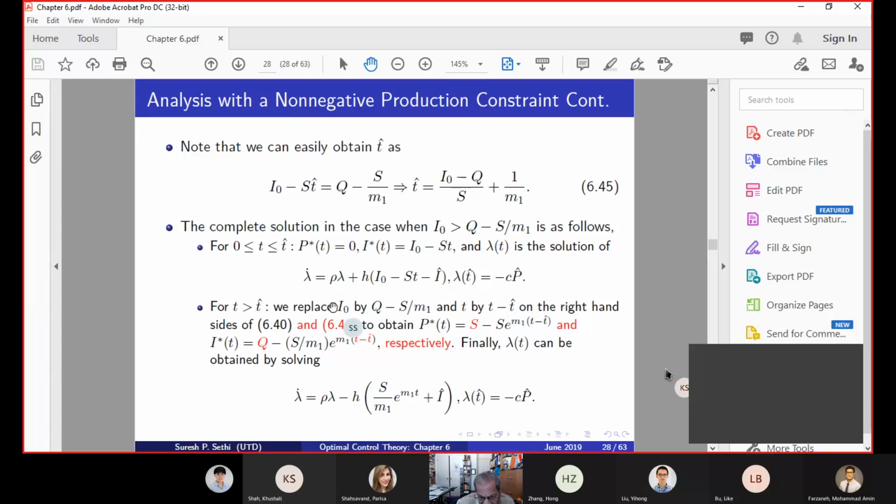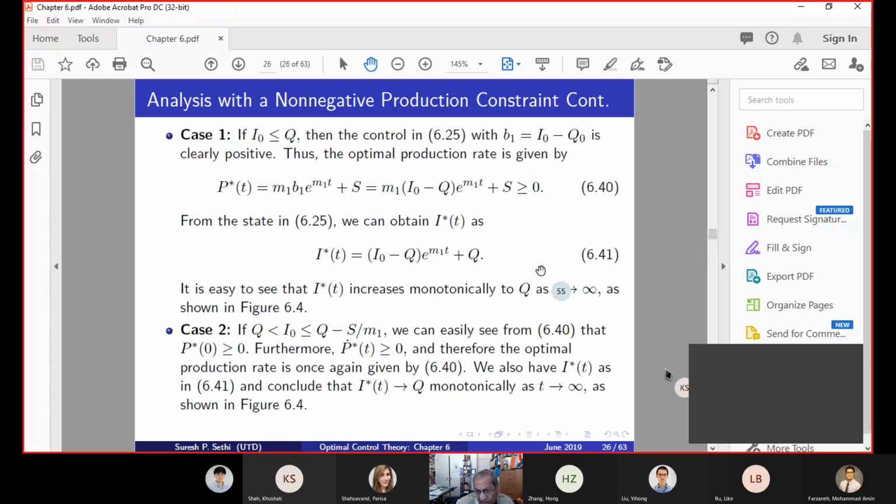So for t bigger than t hat, we already have this, and we replace I0 by this and t by t minus t hat on the right hand side of 6.40 and 6.41. So we have this equation already, and we can then find the solution here by I0, because remember this equation is good.